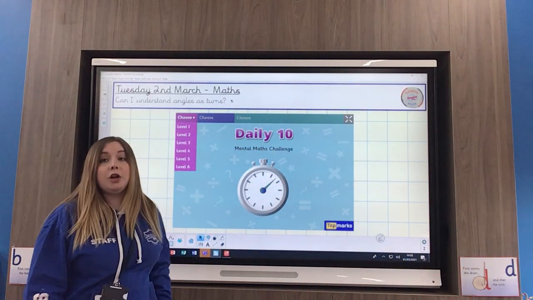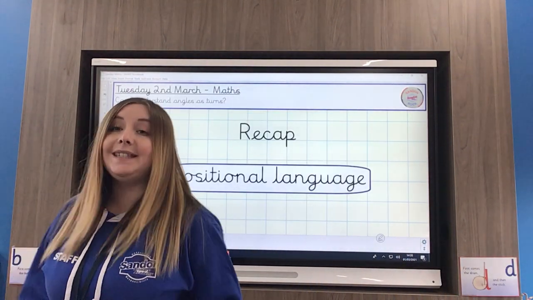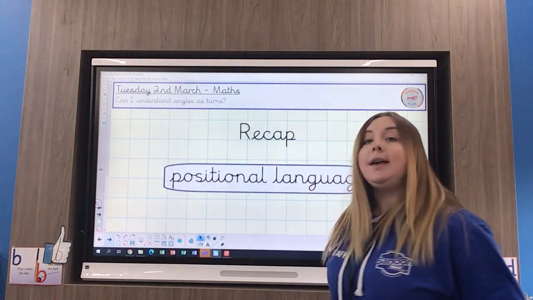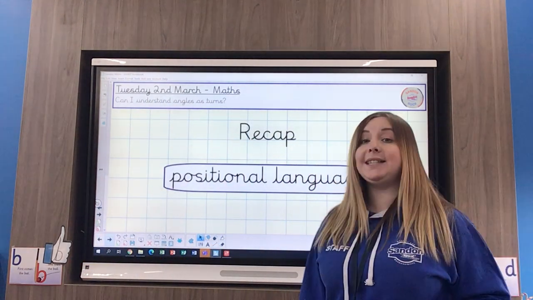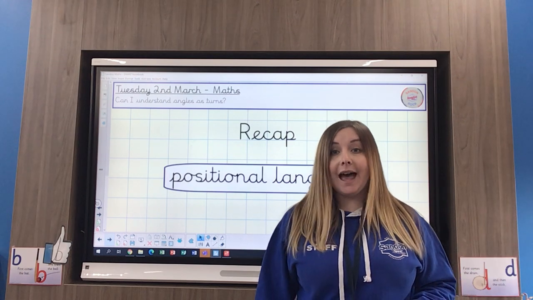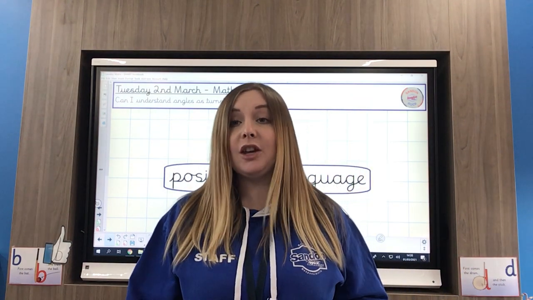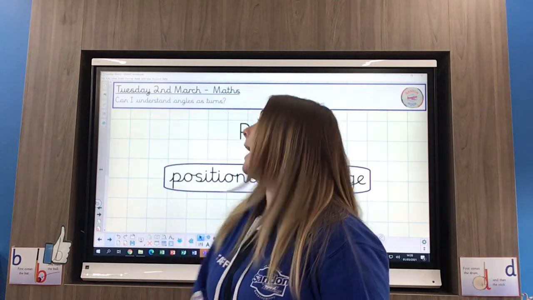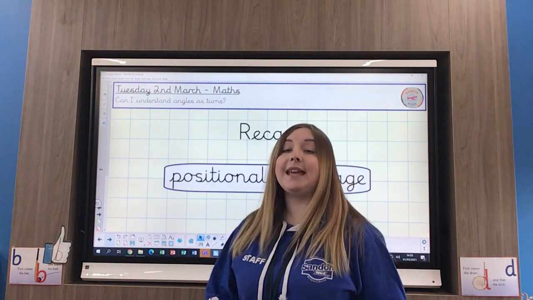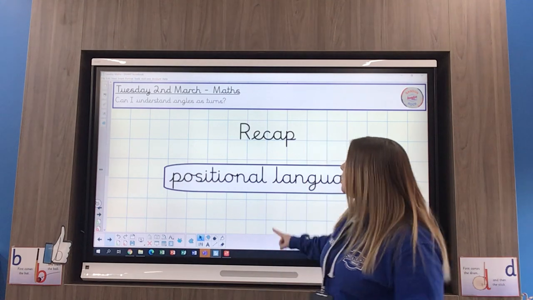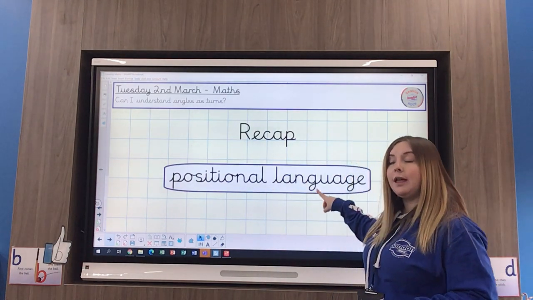So, your learning question for today, then Year 4, says, can I understand angles as turns? So we've moved away from looking at shapes now, okay? And yesterday we looked at something called positional language.